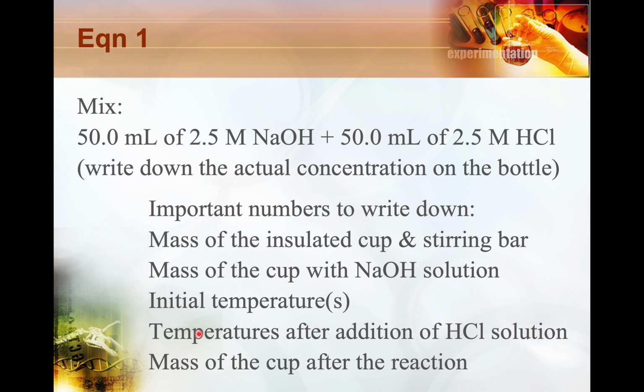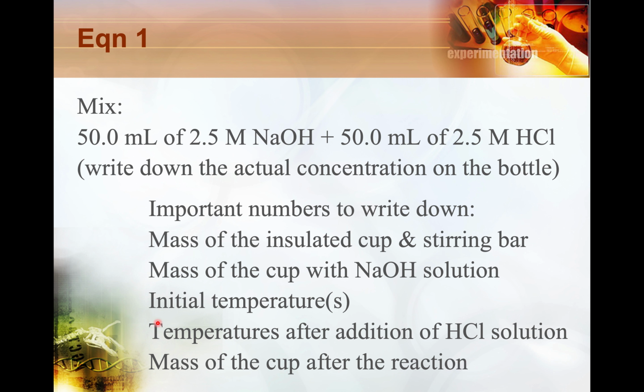Then, once it seems like you've got enough temperature data, the cup has the stirring bar, the sodium hydroxide solution, and the hydrochloric acid solution. Once you're all done getting temperatures, you can get the mass of the cup with everything in there. It's important to note what the total mass is, because you'll use that for your specific heat capacity equation.